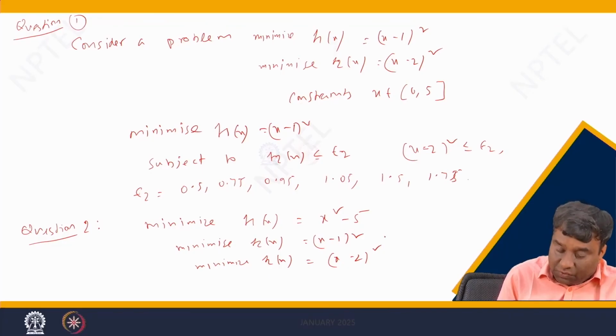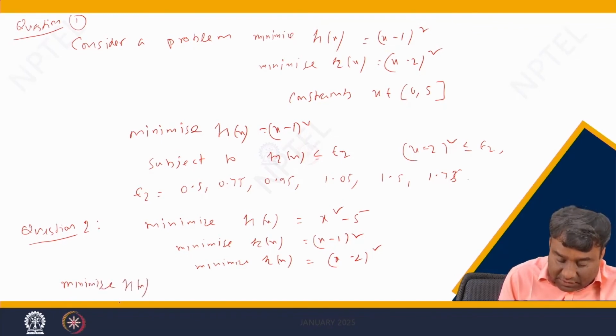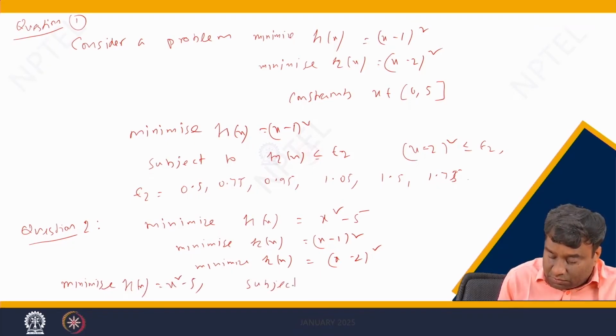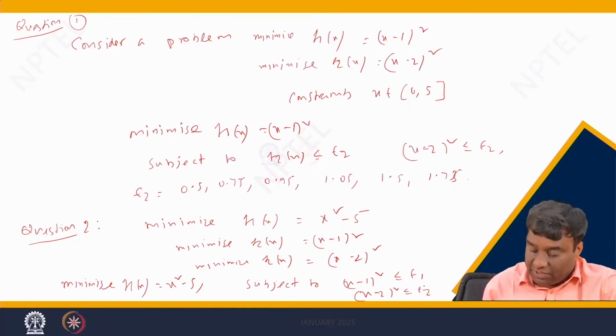So here you need to minimize one objective: minimize f1(x), that is x squared minus 5, subject to (x minus 1) whole squared less than epsilon 1, (x minus 2) whole squared less than epsilon 2. You need to do the calculations.